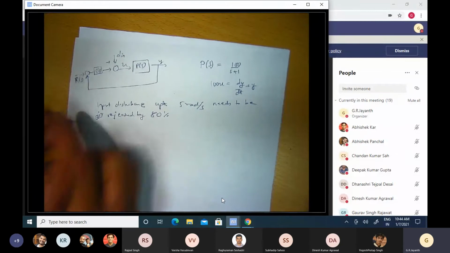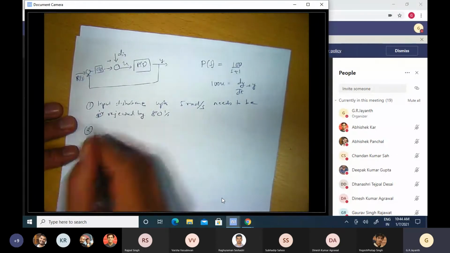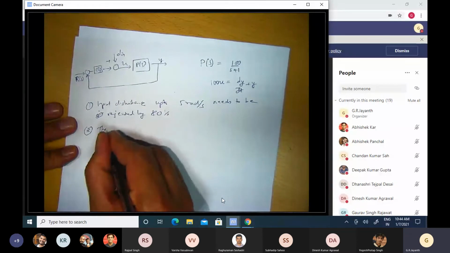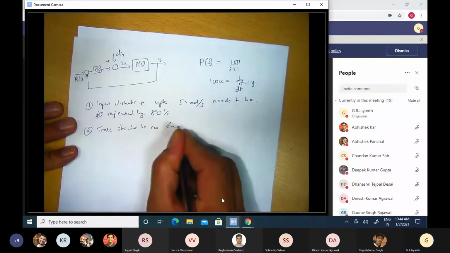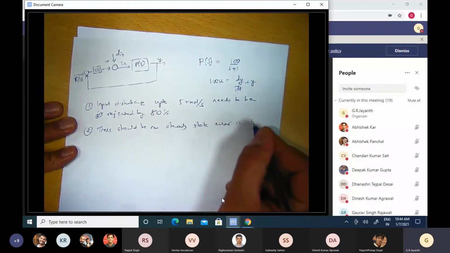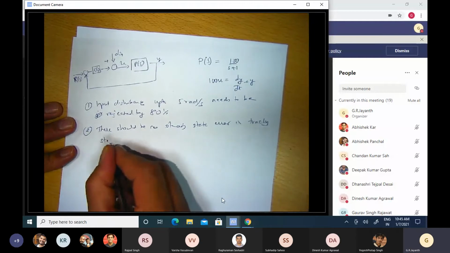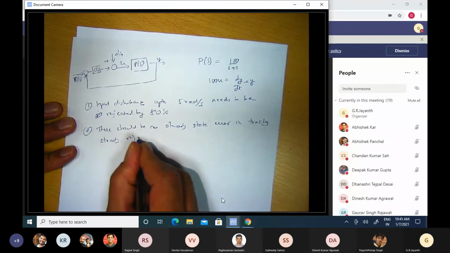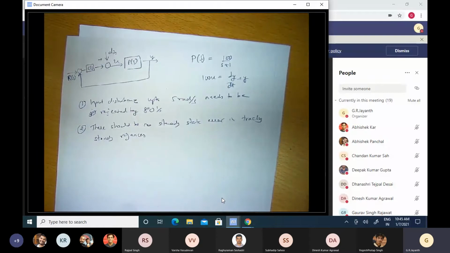Then the second specification is that there should be no steady state error in tracking steady references. So where would this problem arise? For example, in a refrigerator or an air conditioner, I will have a certain set point temperature.